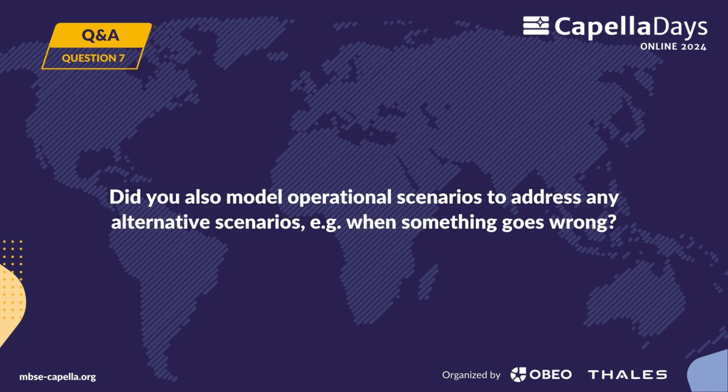Did you also model operational scenarios to address any alternative scenario, for example, when something goes wrong? This is a very good question. It goes to safety management and quality management. Yes and no, in the sense that the approach that we followed is, things can go wrong, of course, whenever you do something, which means in our case that the packages that we produce for melting do not conform with the requirements.